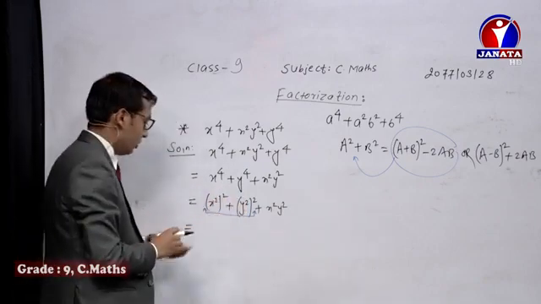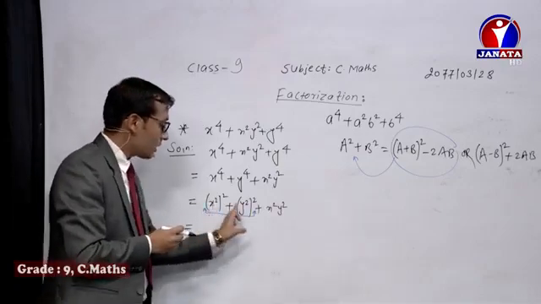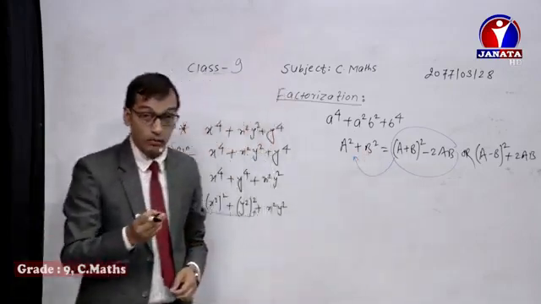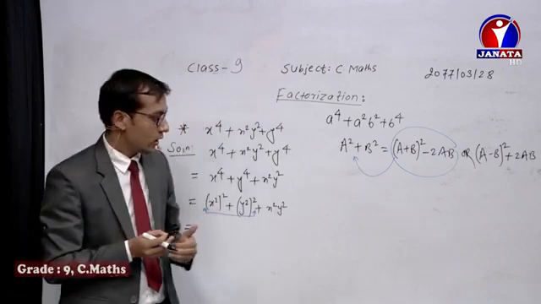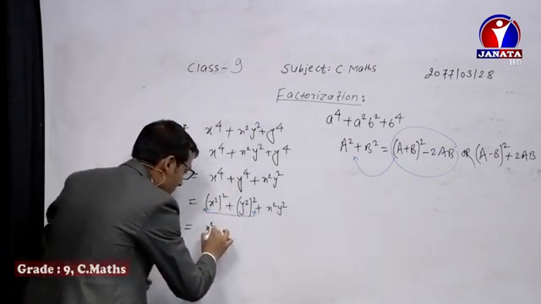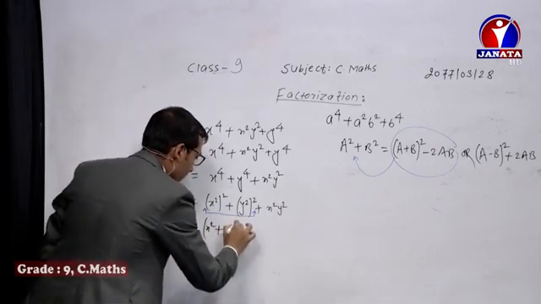So let me move into the next step here. So I am converting the first and second term into a square plus b square form, and I am using here the formula a plus b whole square minus 2ab. So what is a? It's x square, plus what is b? y square. So a plus b whole square.